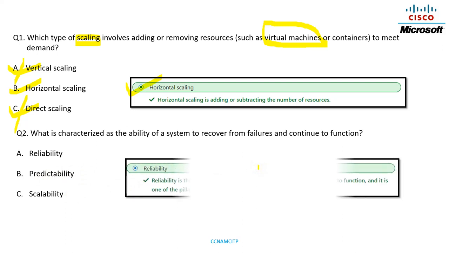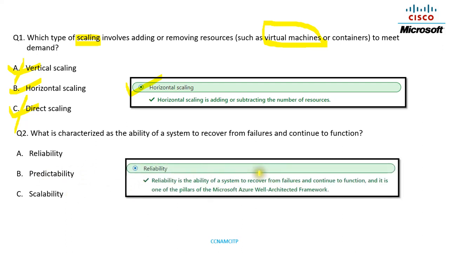You should answer reliability. Reliability is the ability of a system to recover from failure and continue to function, and it is one of the pillars of the Microsoft Azure Well-Architected Framework. So mark the first one as your answer, reliability.